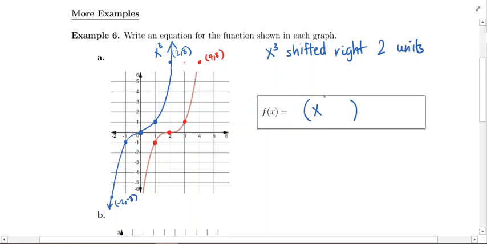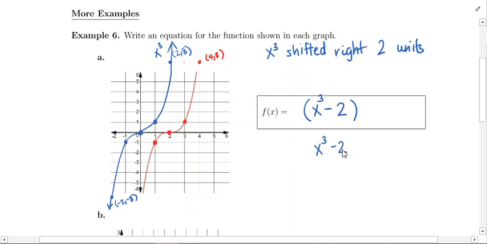And since we're going to the right, remember the rule is if you go to the right, you have to subtract. We're subtracting 2 units because that's how many units we shifted right. So the minus sign is to shift to the right, and the 2 is because we're shifting right 2 units. Don't forget, you need the x cubed somewhere. So where do you put the cube? Again, if you put it right here, the parentheses don't do anything. You can drop the parentheses.